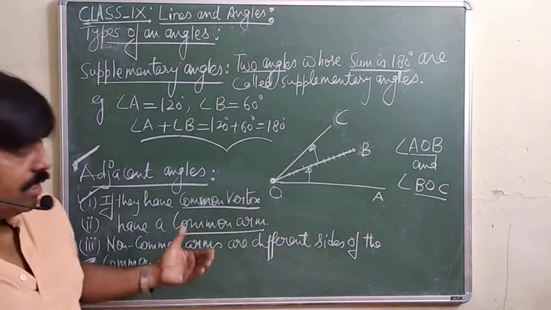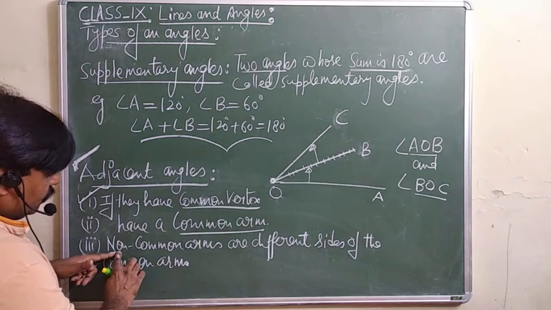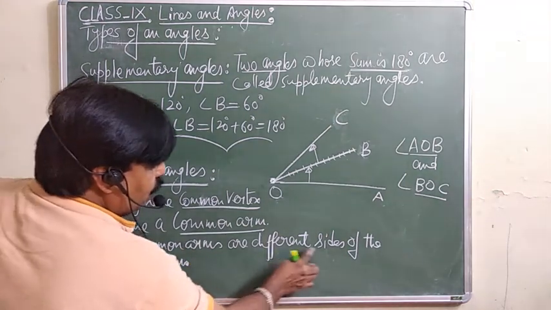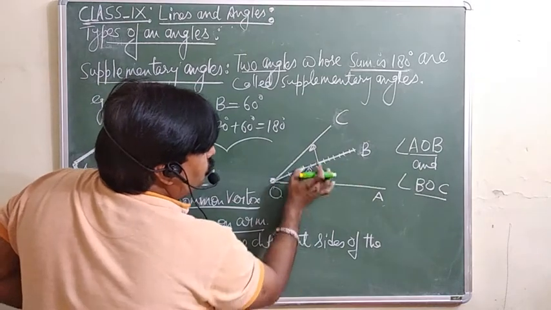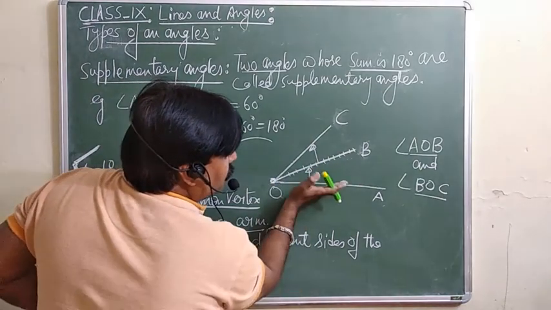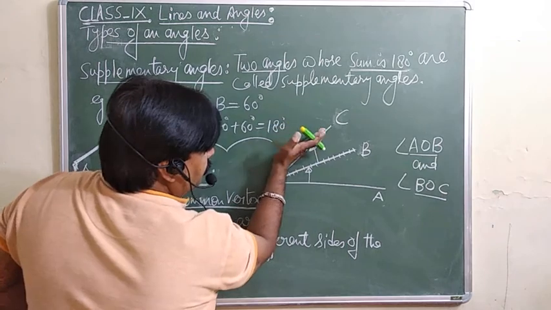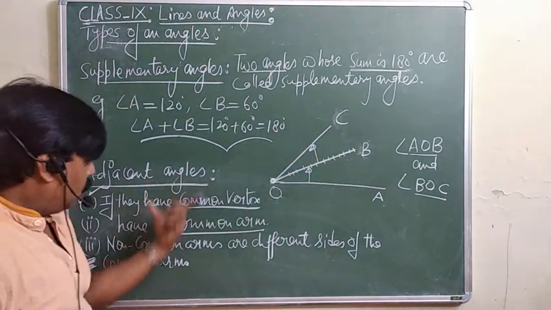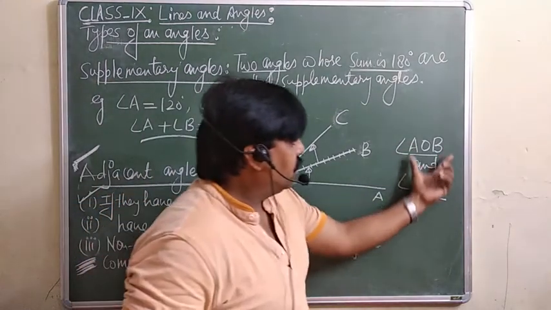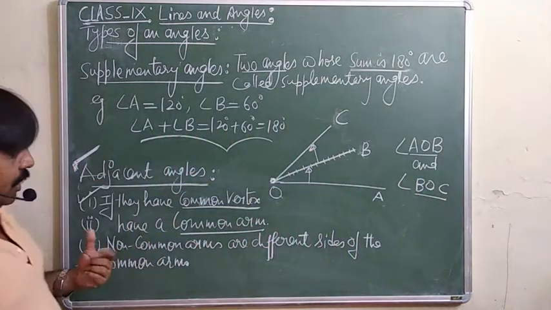I will take an example later on. Now try to understand: non-common arms are on different sides of the common arm. The common arm is OB, so these two non-common arms are on different sides. One is on this side, another is on the other side. So all three conditions are satisfied, and you can say these two are adjacent angles.